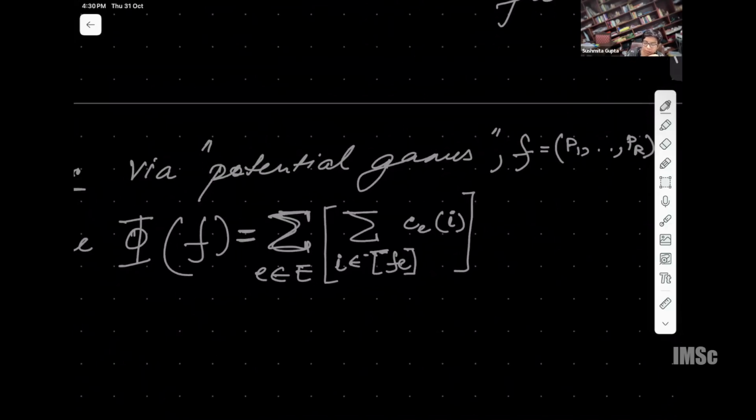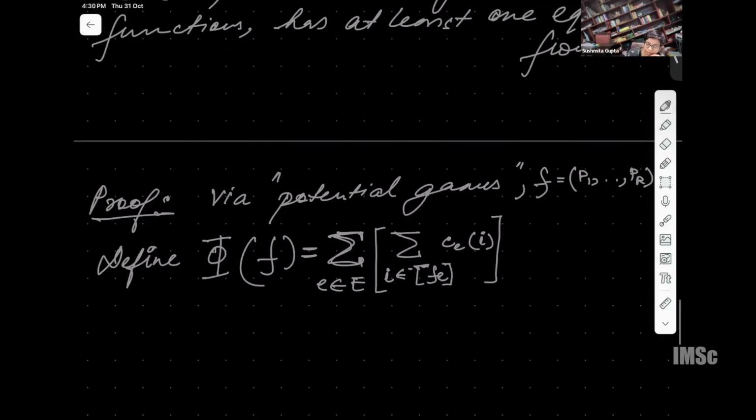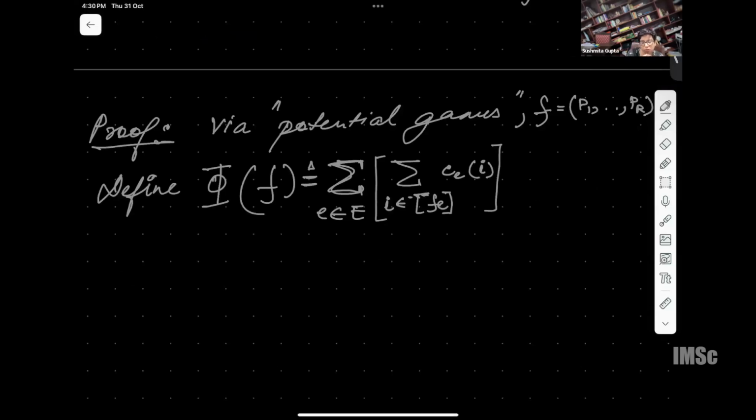So f is a choice of the paths p1 to pk, and we define this function phi of f to be this. Okay. Can you interpret in a meaningful way this quantity? And more so, do you think this captures what we were discussing there?